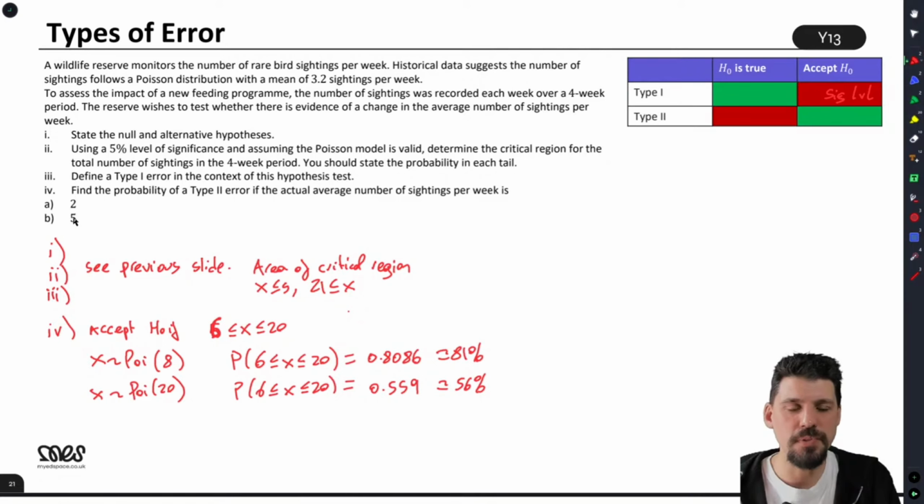If the actual number of sightings is 5 per week, we still have a 56% chance of not rejecting. So we've got a 56% chance of concluding that it is actually 3.2. That seems off. So the idea is that this is not a very sensitive test. It doesn't pick up on small variations of what I should get particularly well. So it's got a low power.